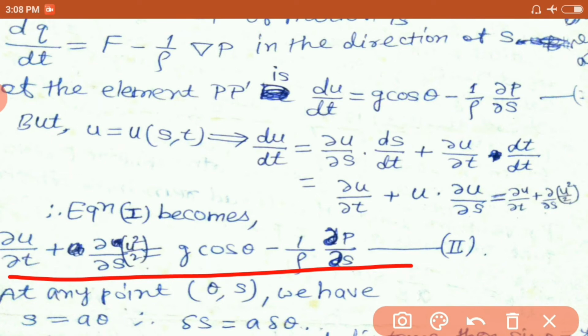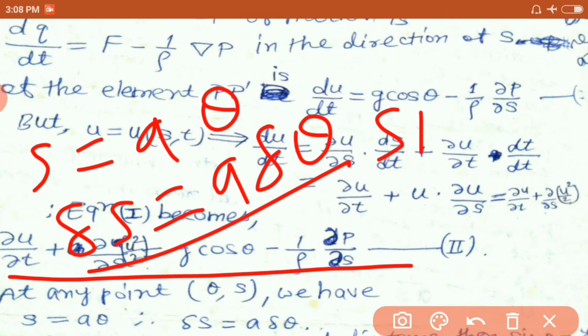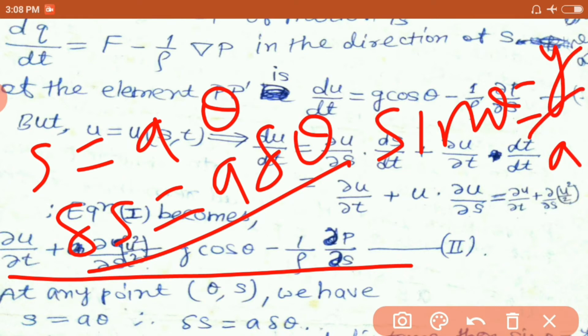And at any point theta, s is equal to a theta. Therefore delta s is equal to a delta theta. If y is the vertical distance, then sin theta is equal to y by a, and therefore y is equal to a sin theta.